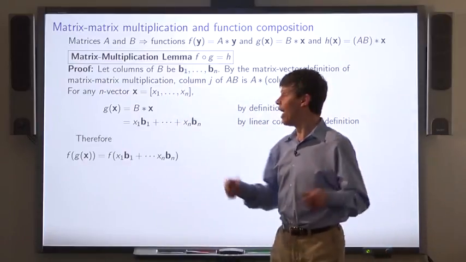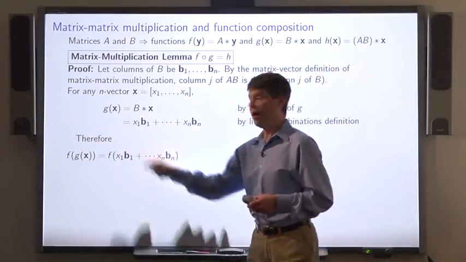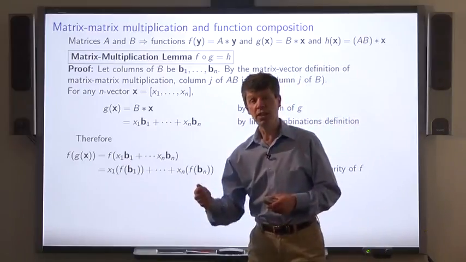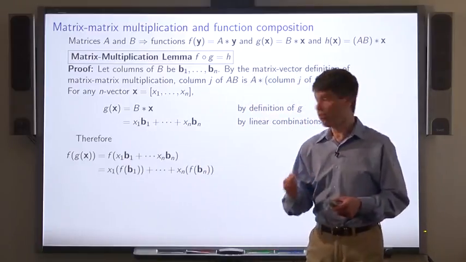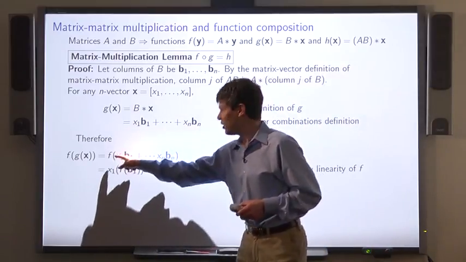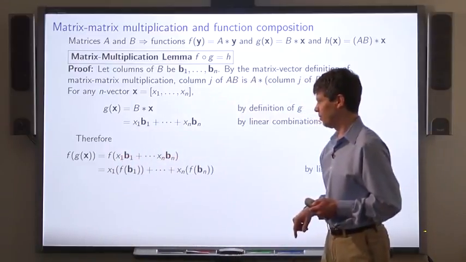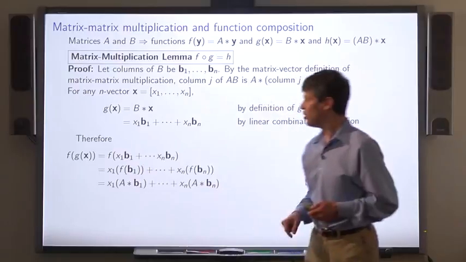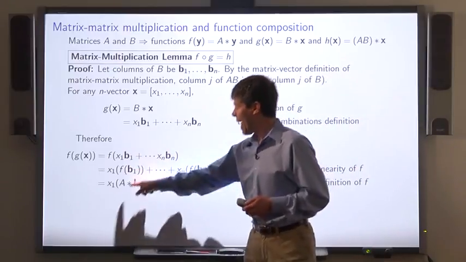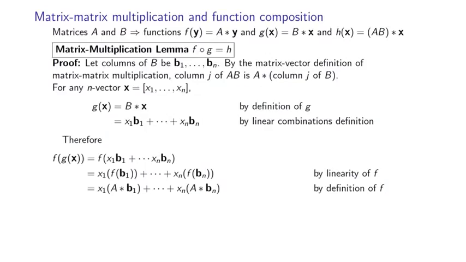Now let's apply f to g of x. f of g of x is f of this linear combination. Using the properties of linear functions, we can replace this by this. We basically move the function in, and move the coefficients and the sums out. And now, using the definition of f, we can replace f of b1 by A times b1, f of bn by A times bn.